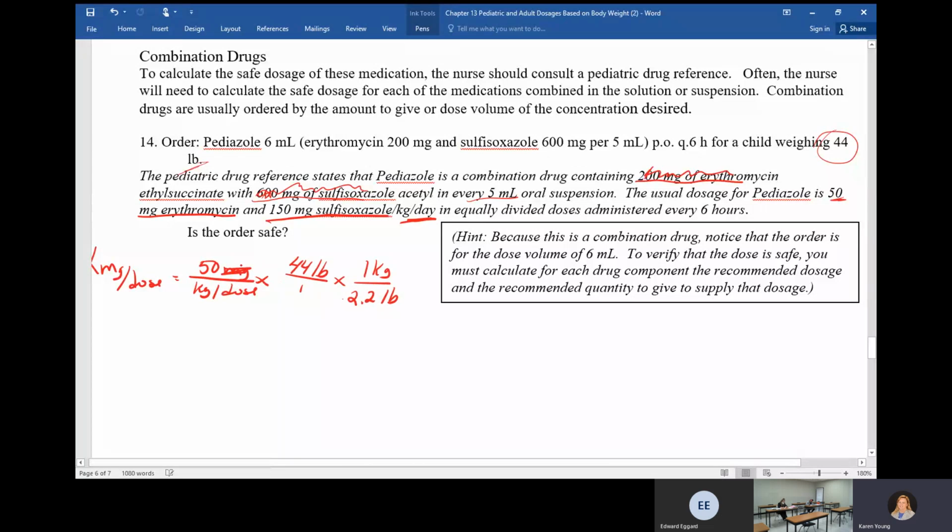Pounds cancel, kilograms cancel, I'm left with milligrams per dose. So I'm doing 50 times the 44 divided by the 2.2.